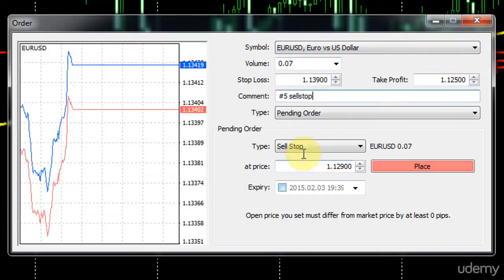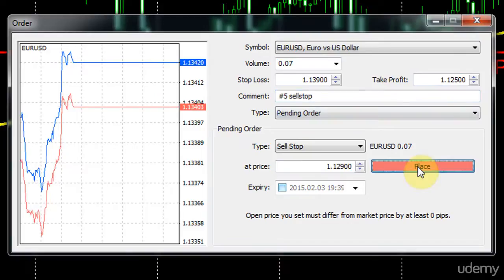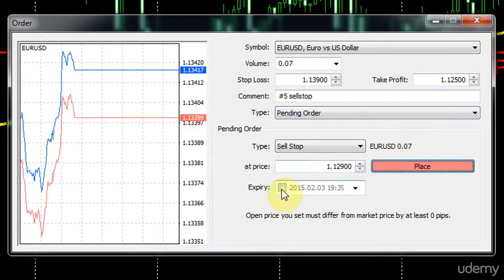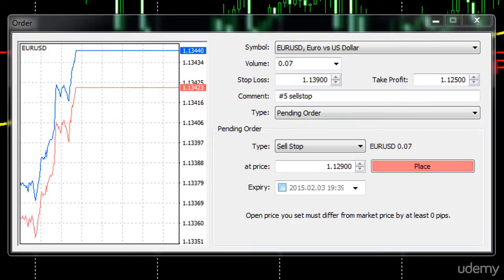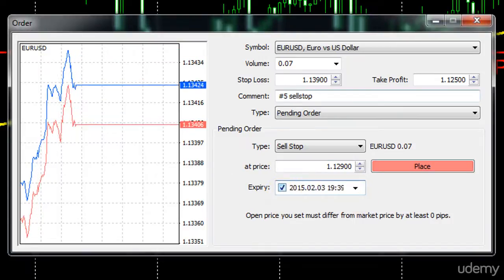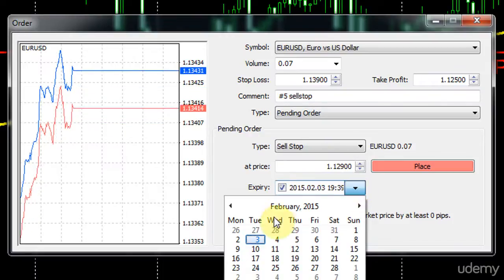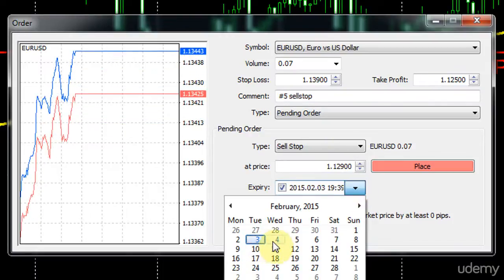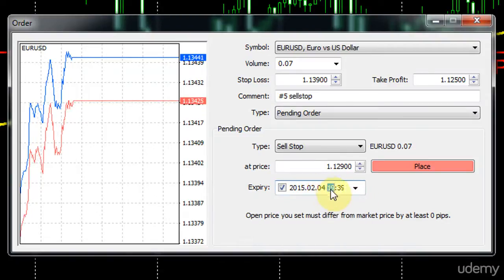Just check everything very quickly. Looks good. And oh yes, we can also set an expiry date for our order. How about we give it 2 days, or maybe even 1 day should be enough. So that's today, and we set tomorrow at about the same time.